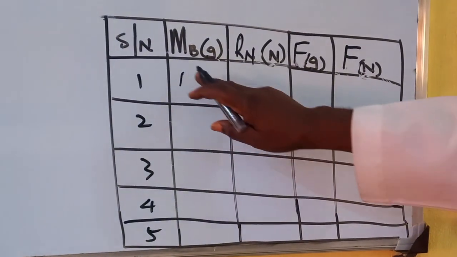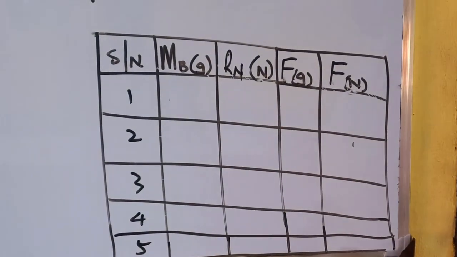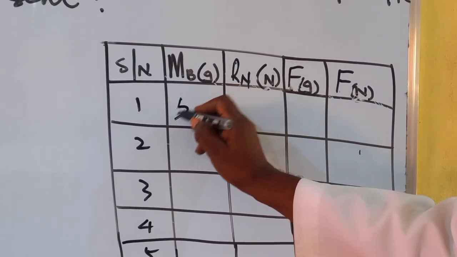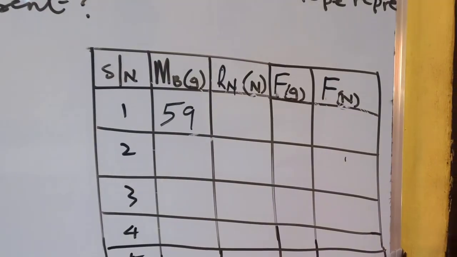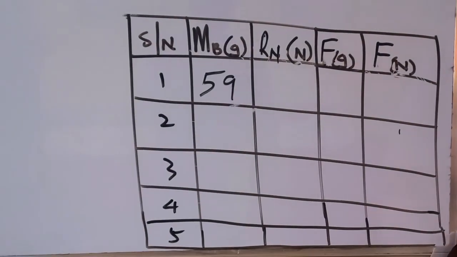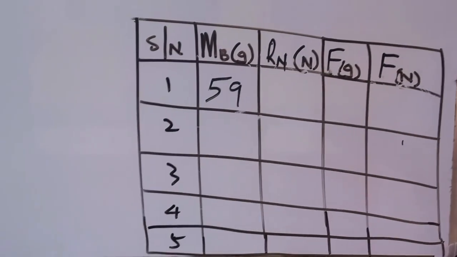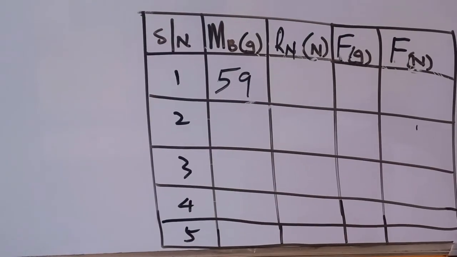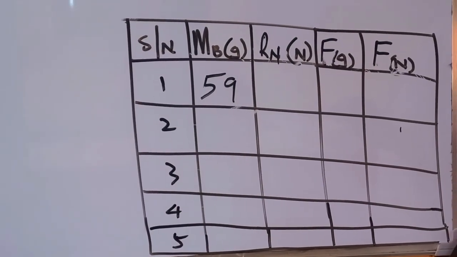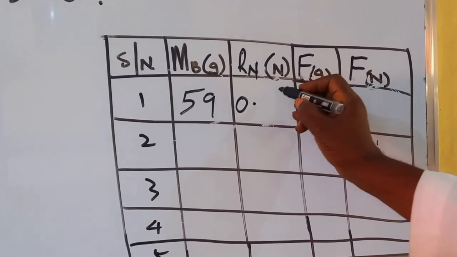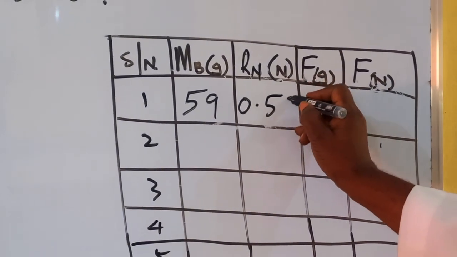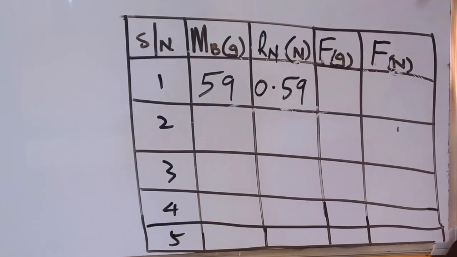Now the mass of our block was 59 grams. Now enter it on the table, 59 grams, all right? Now if we divide 59 by 1,000 and multiply by acceleration due to gravity, which is 10, that will give me 0.59 as my normal reaction.